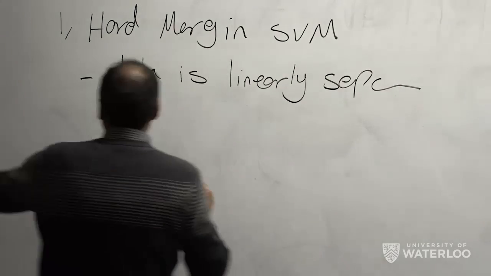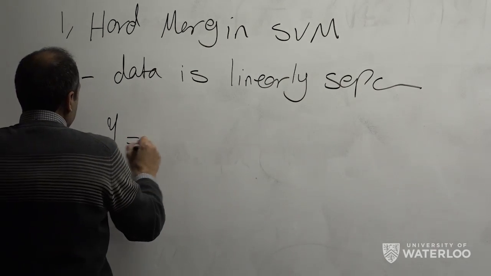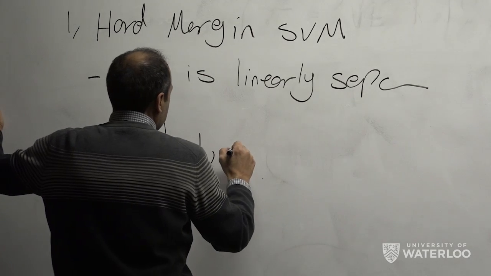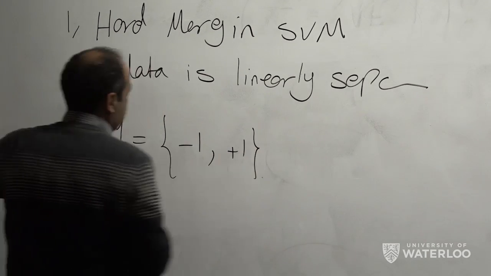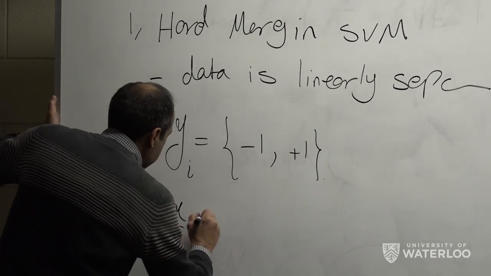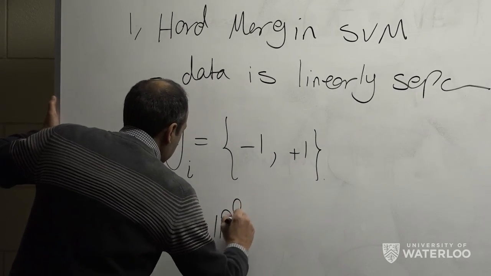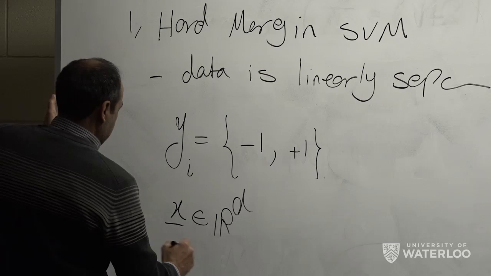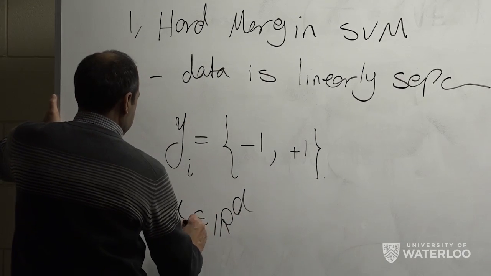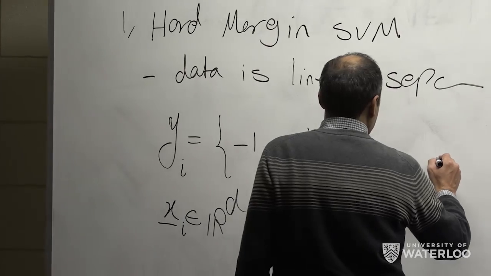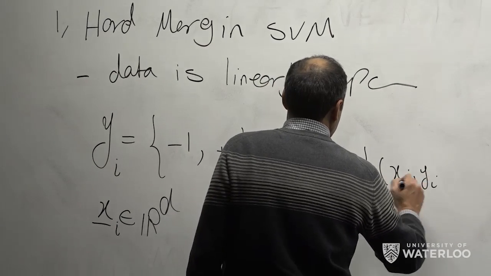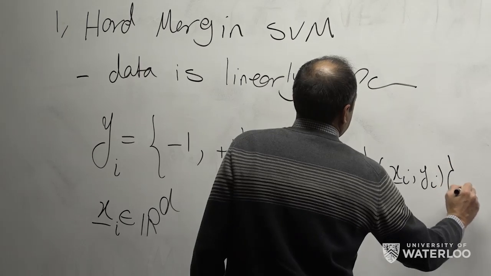I assume that my label is either -1 or +1. And as usual, my x's are from R^D, and I have n of those. I have (x_i, y_i) for i from 1 to n.